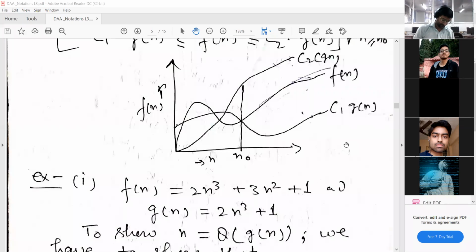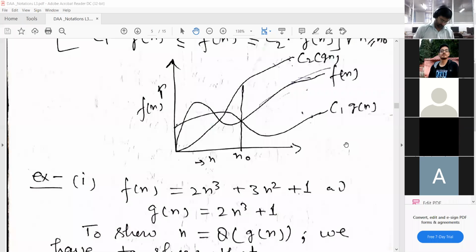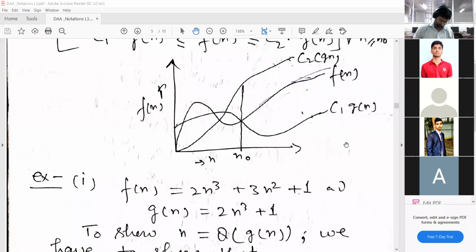Sir, 25 present, sir. ओके Sir, 24 present, sir. ओके ओके 26 present, sir. बोलते रहिए आप लोग. 27 present, sir. ओके 28 present, sir. ओके 29 present, sir. ओके.